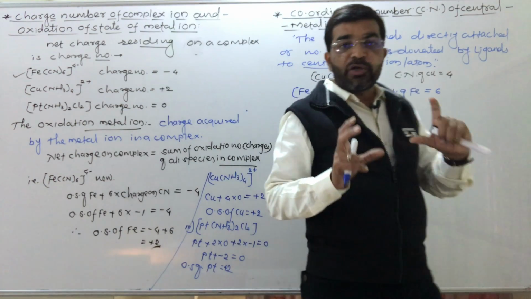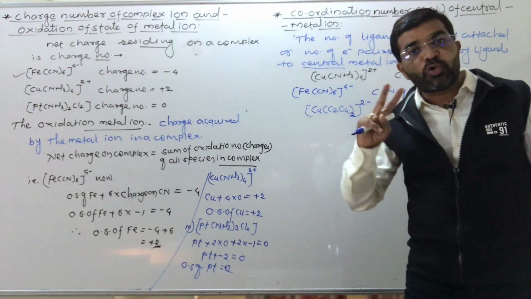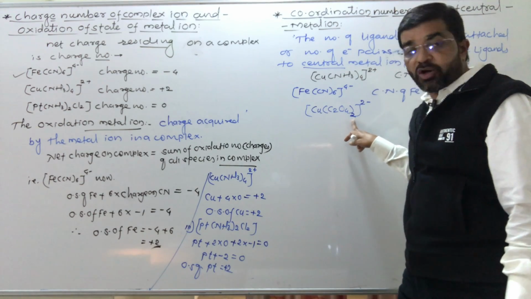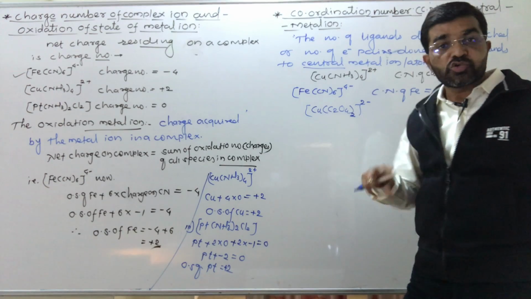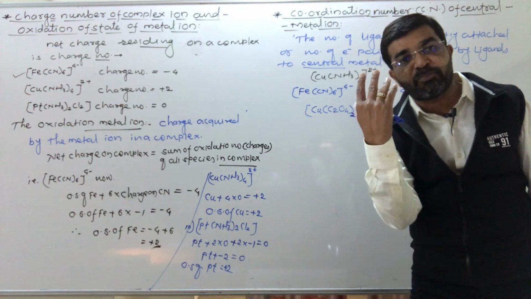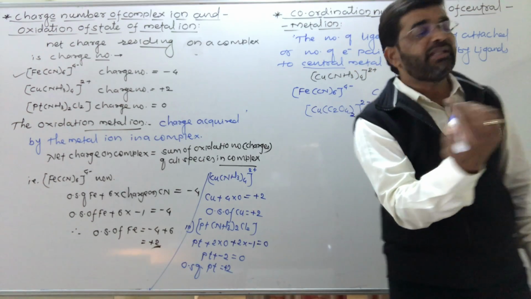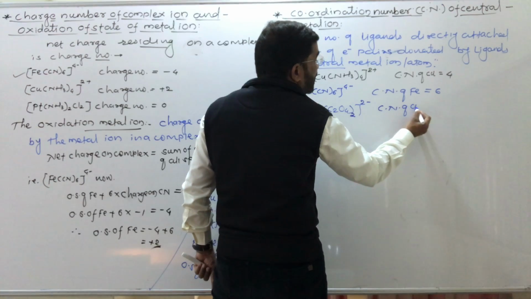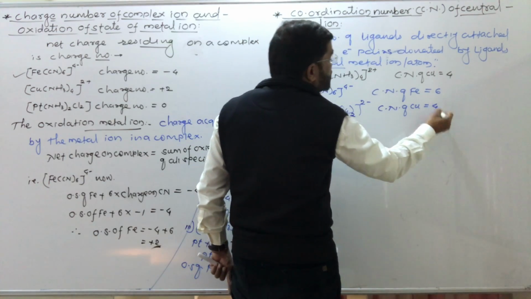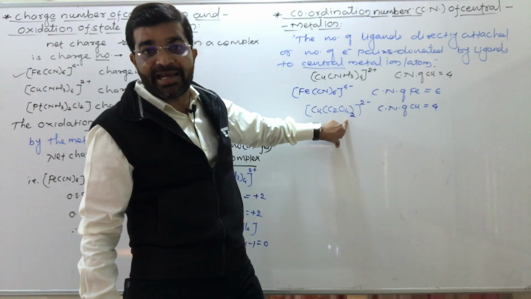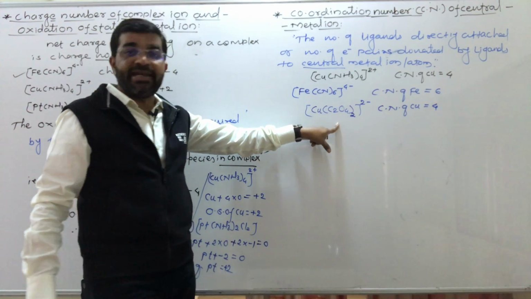One oxalato ligand can donate 2 pairs of electrons, right? So here, how many oxalato groups? 2. So 2 oxalato ligands will donate how many pairs of electrons? 4. And therefore the coordination number of copper in this complex is 4, because it is a bidentate ligand.